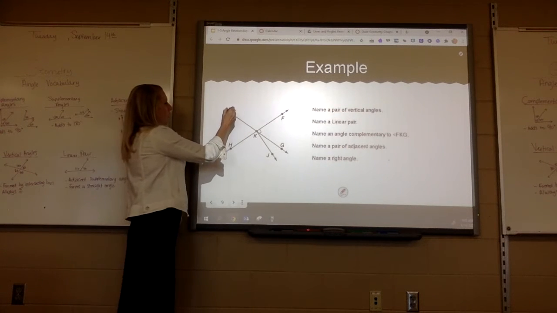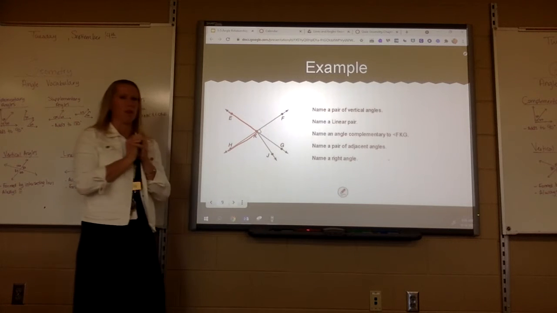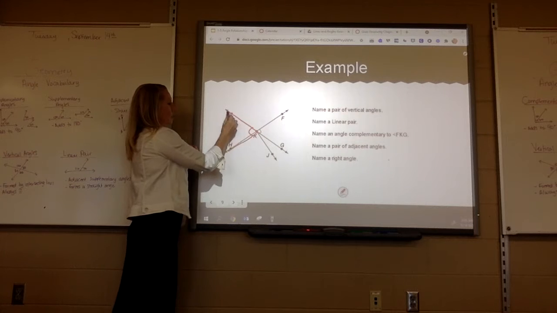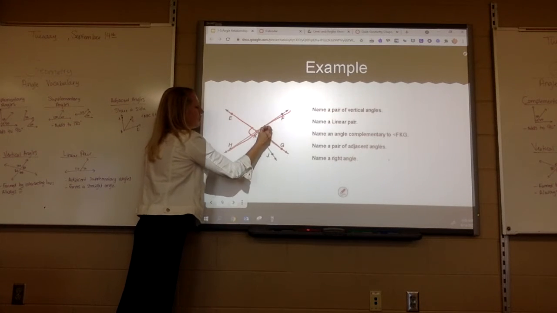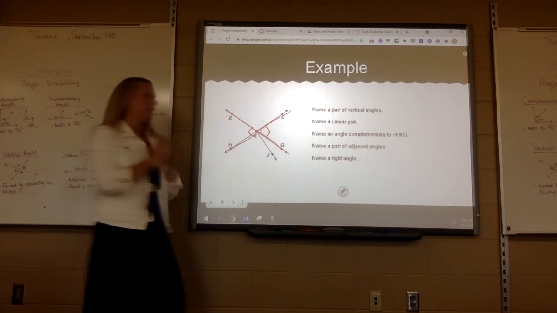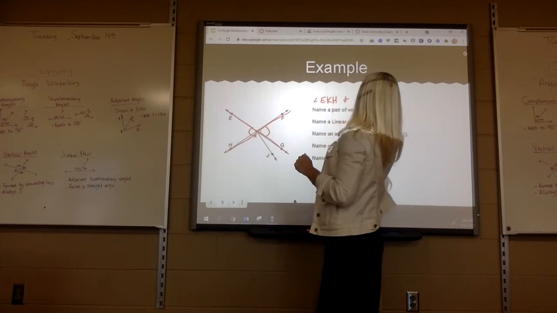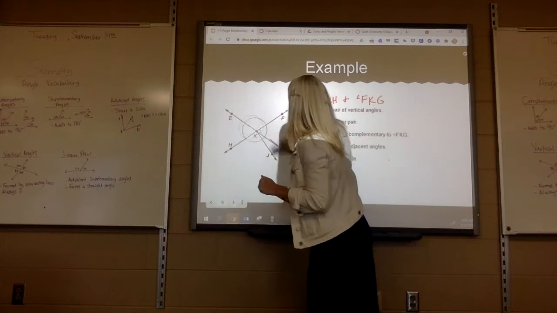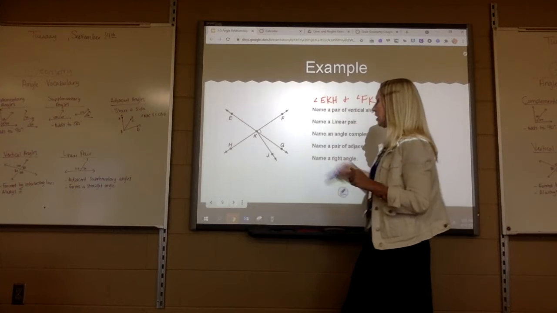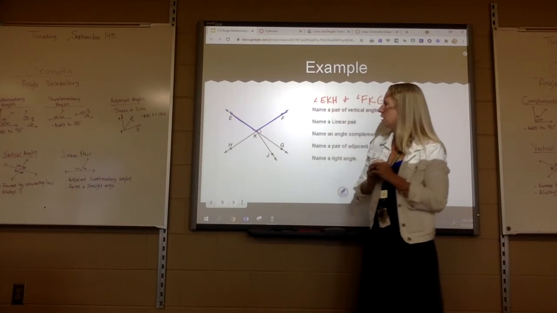Let's start with this, EKH. What would that be vertical with? FKG, very good, those would be vertical. So angle EKH and angle FKG. What if I did this angle up here, EKF, what would that be vertical with?